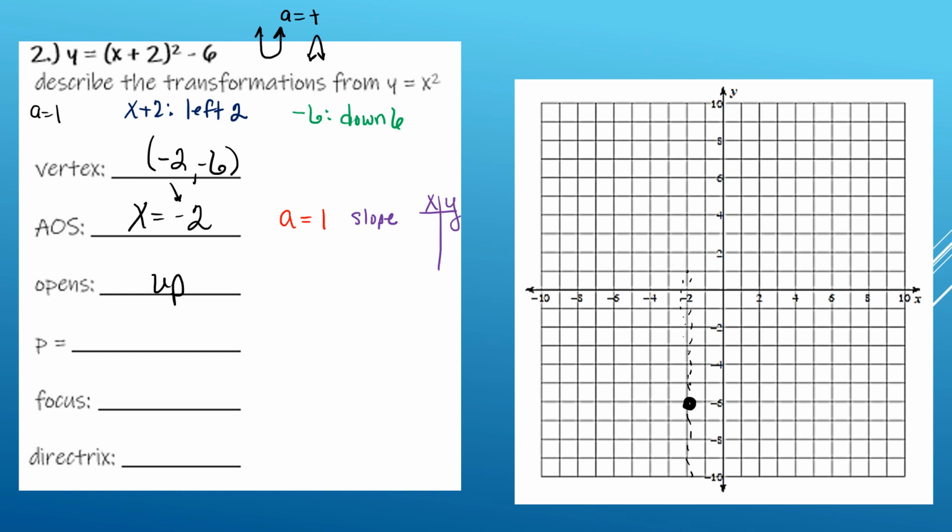If I wanted to choose points, I would choose 2 points to the left of -2, so I would do -4 and -3, as well as 2 points to the right of -2, which would be -1 and 0.